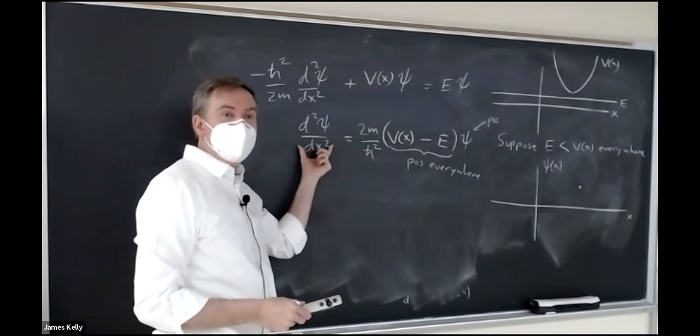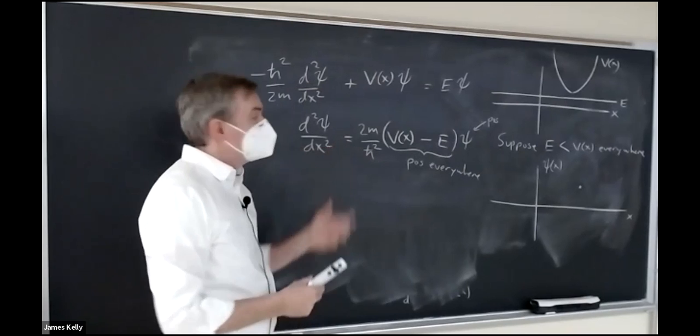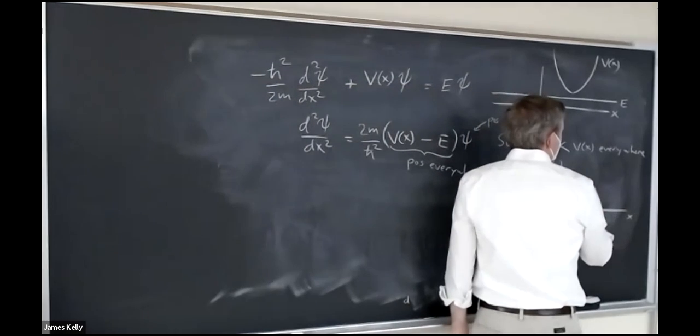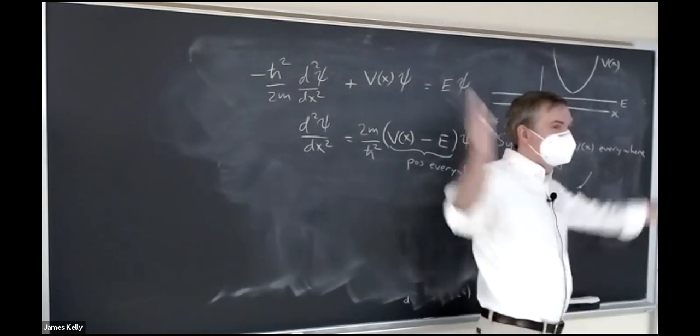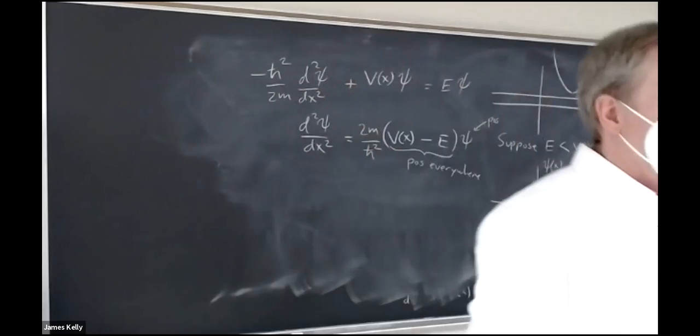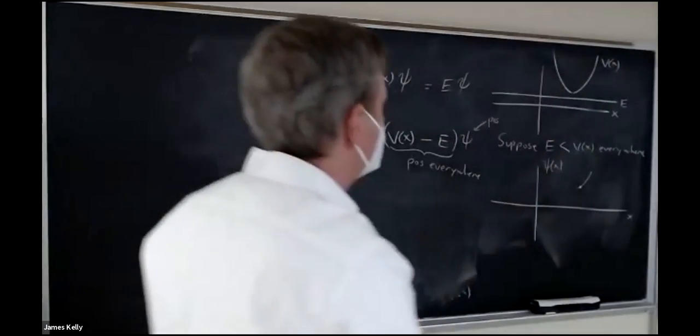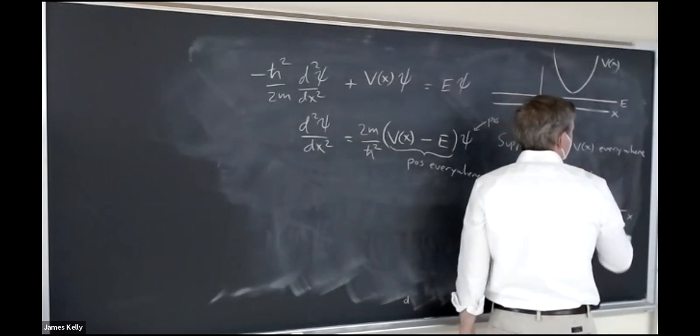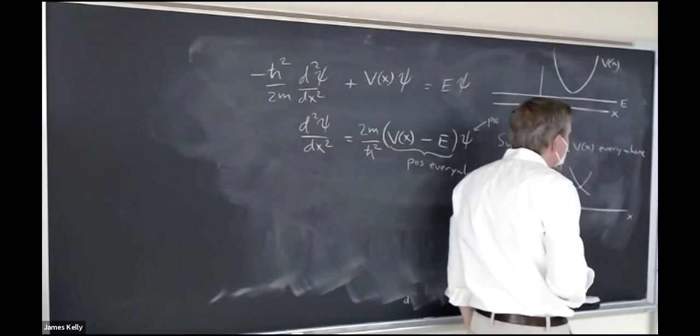And that means the concavity is positive. Positive concavity means, you know, sort of opening upward, where you're in that kind of shape, right? It's either opening like that, or maybe it's going down like this, right?